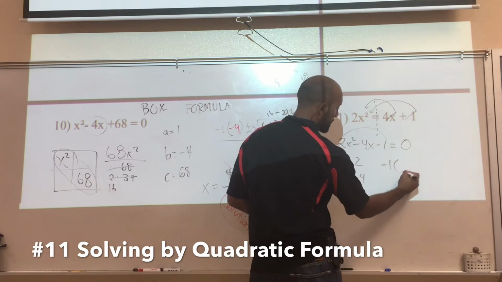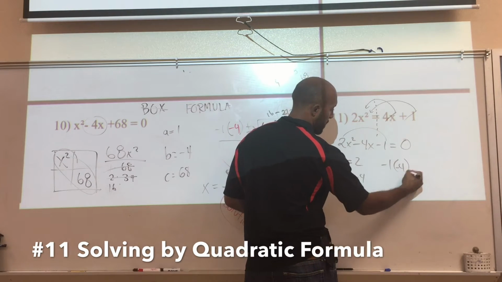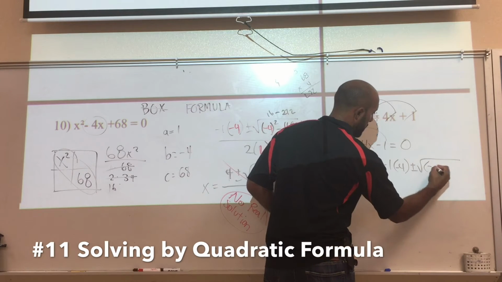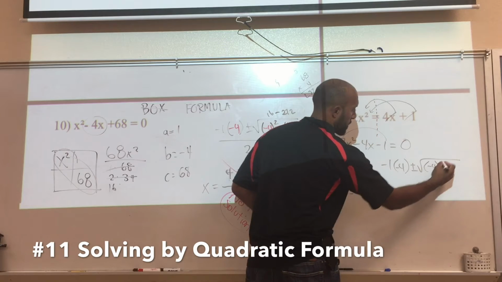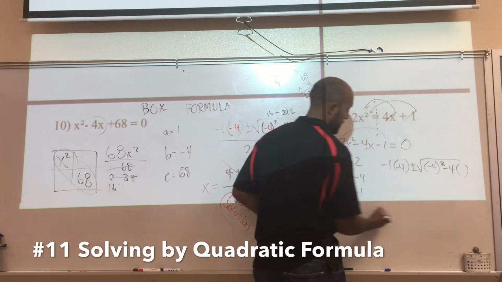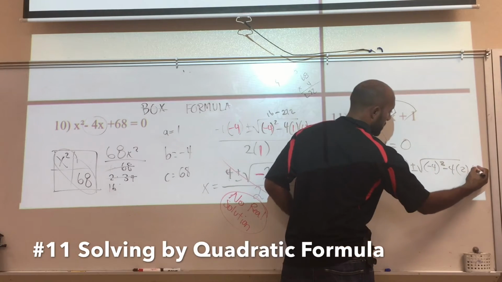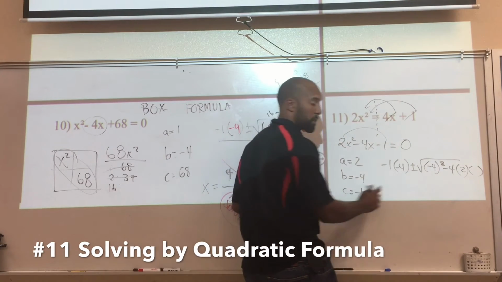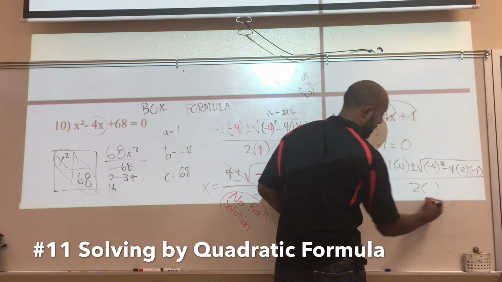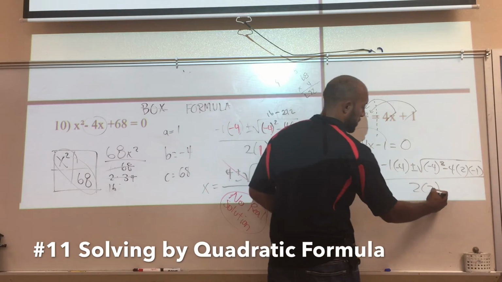Okay, so -1 times our B, -4, plus and minus, square root, then -4, B squared, okay, that's our B, and then -4 times our A, which is 2, times our C, which is -1, okay, all of that over 2 times our A, which is 2.